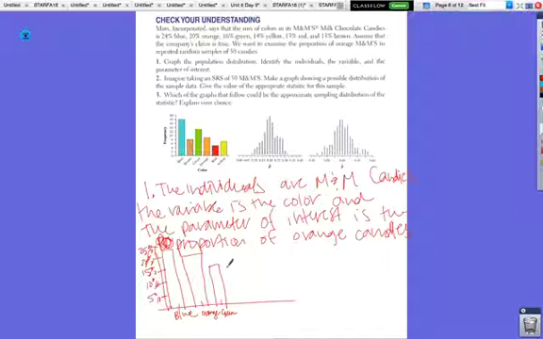Then 14%, so a little bit below that, and that was yellow. And then a little bit below that is going to be red. And beside that, exactly, is going to be brown.